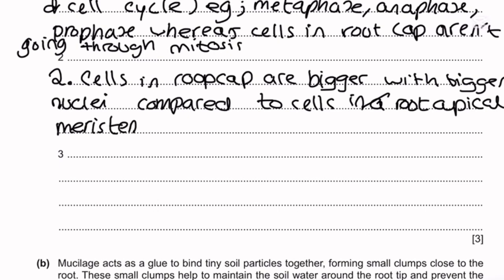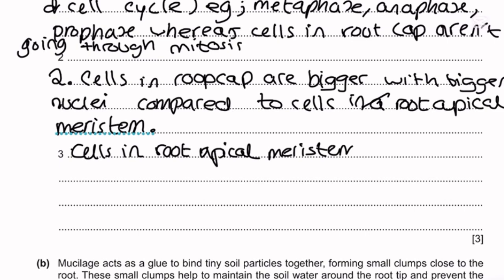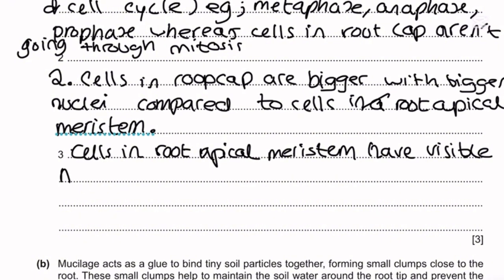And then lastly, we can say cells in the root apical meristem, obviously, are in interphase.